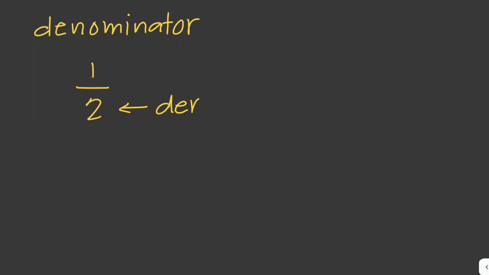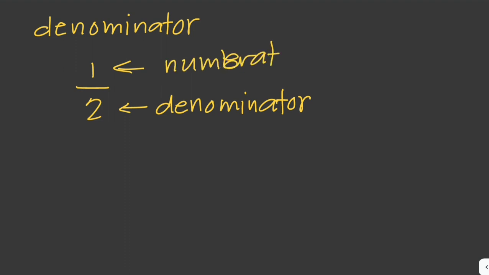So the first term is denominator. When we say denominator, this is the bottom number in a fraction. Say for example, we're given a fraction 1/2. So this is our denominator, and this one is our numerator.